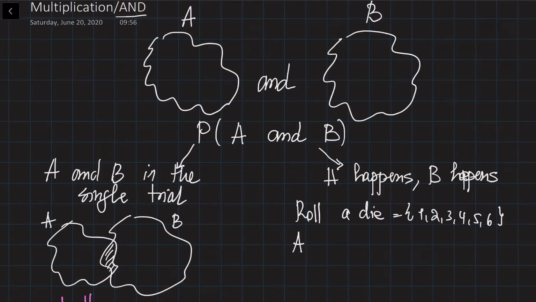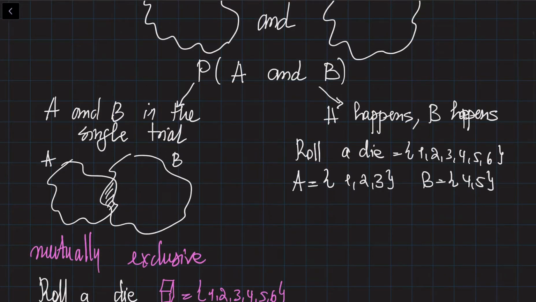Let's say A is going to be equal to 1, 2, and 3. B is going to be equal to 4 and 5. So what I would like to find is the probability that A happens in the first trial and B happens in the second trial. So basically you roll the die twice, one time and the second time.